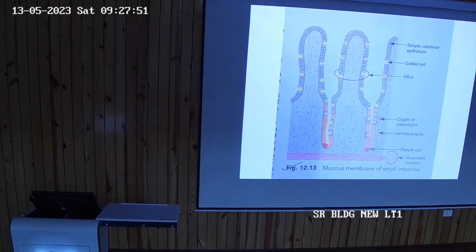So these are the different types of cells present in the crypts of Lieberkuhn.